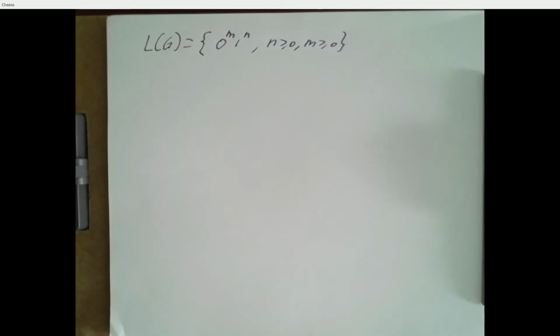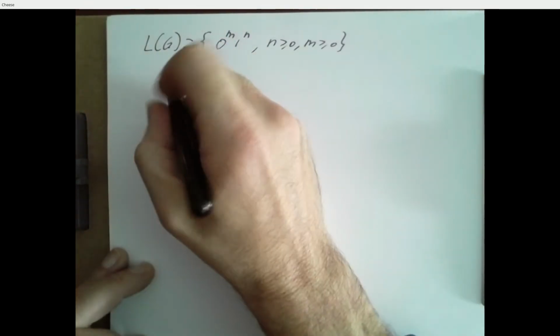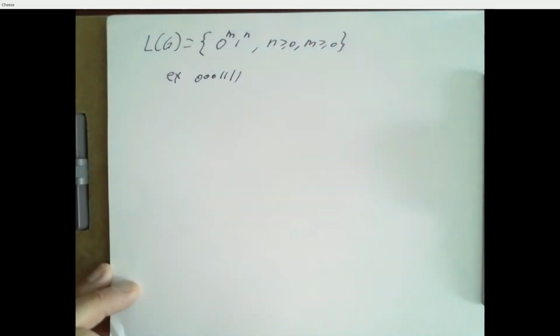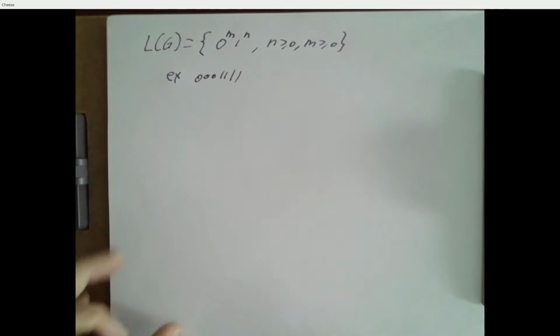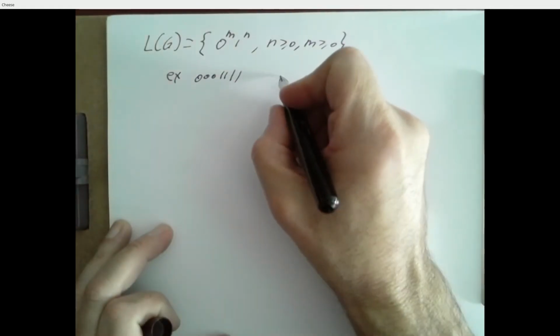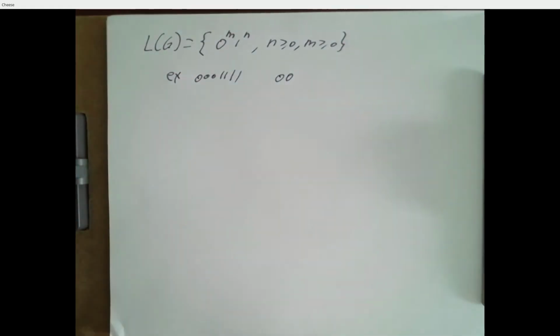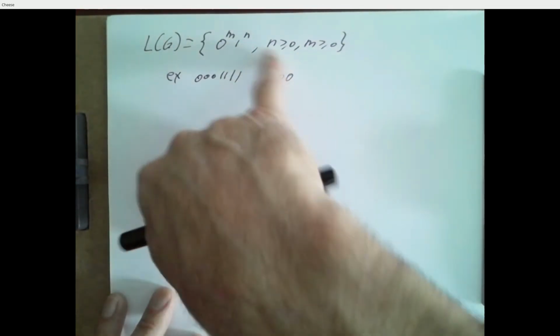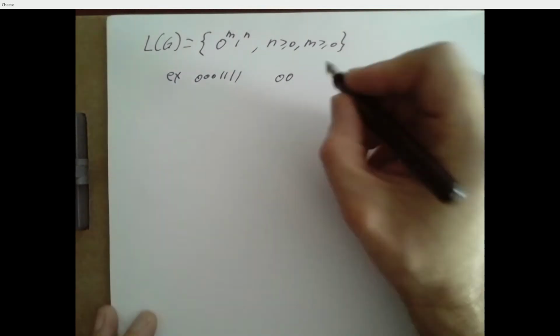And the number of zeros or ones must be bigger than or equal to 0. So for example, that's definitely a word over this language. It's 3 zeros followed by 4 ones. This is also a valid word. It's 2 zeros followed by 0 ones, right, and n is allowed to be 0.